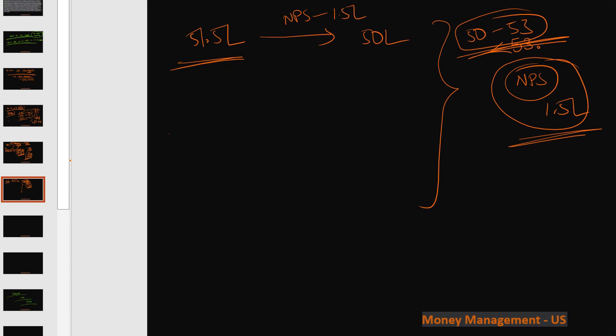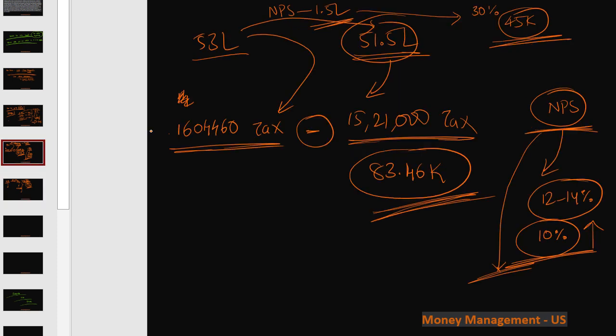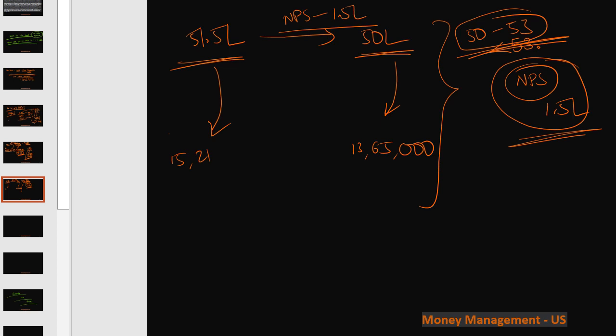Let me calculate for this. Once you have put 1.5 lakh in NPS, your income becomes 50. So here you were 13,65,123. Here how much are you paying the tax? 15,21,123. So I need to subtract these two things, right?